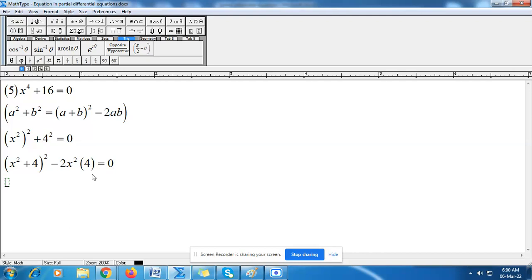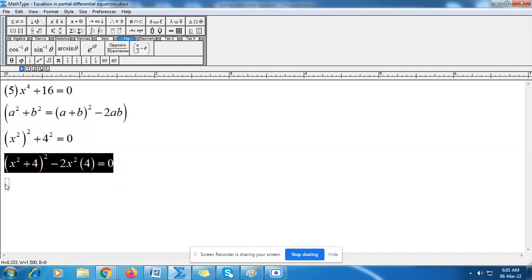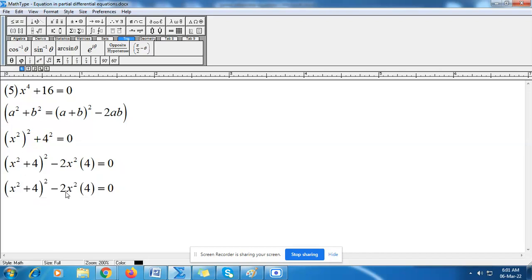Now it is in the form of a square minus b square, that is 2 4s are 8. So a square minus b square can be written as a plus b into a minus b, and also simplify that.